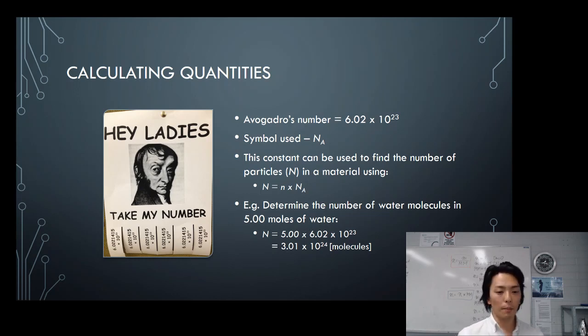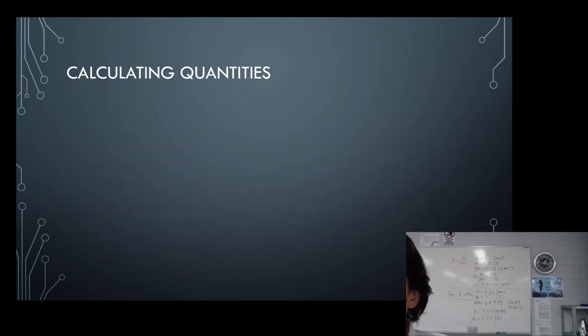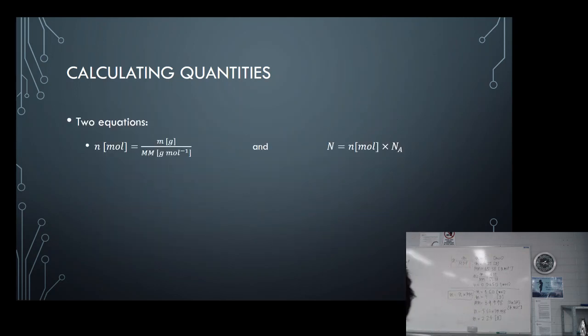All right, I believe that's it. This is just a summary of the 2 equations that I just introduced: n equals m over MM, and N equals n, number of moles, times Avogadro's number.